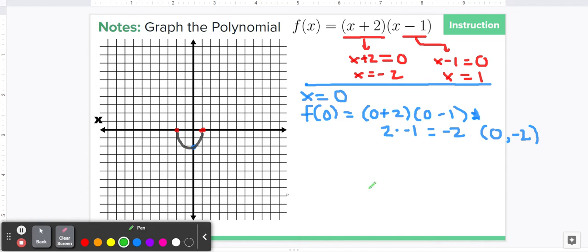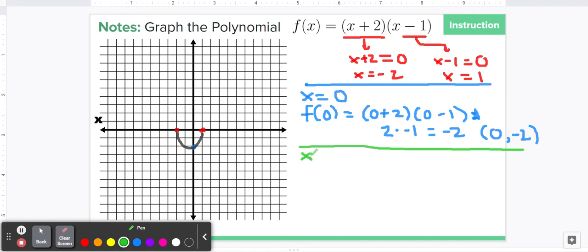Then I'm going to draw another line because now we want to figure out what's happening outside of our zeros, outside of our red lines. So we're going to similarly pick 2 different points on either side of those red points. Our furthest left 0 is at x equals negative 2. So let's slide out to x equals negative 3 to find this value on the left and see where our graph goes.